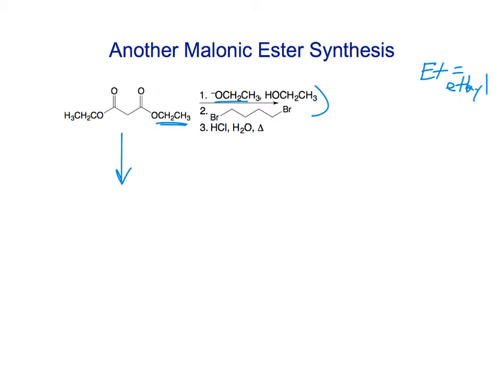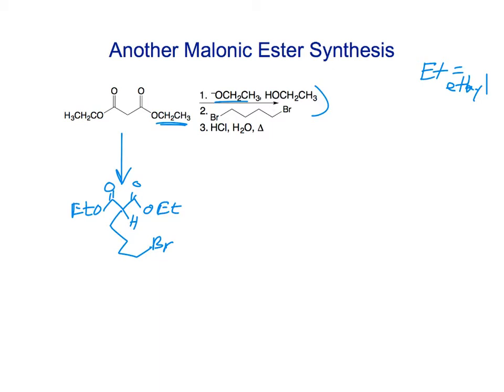We're going to cheat a little. Now we've alkylated this once, and so we've got 1, 2, 3, 4, and then we have a bromine on it, and an H.